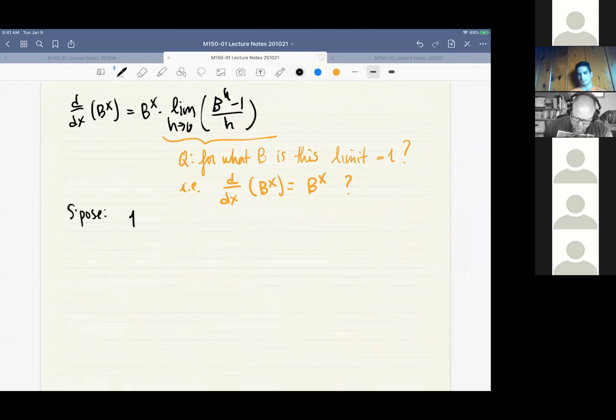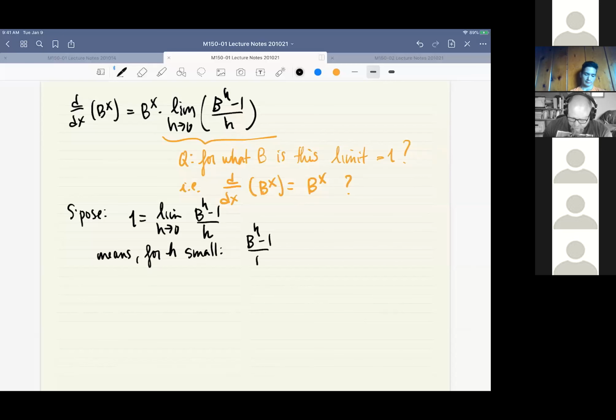So suppose 1 does equal the limit as h goes to 0 of b to the h minus 1 over h. So this means for h small, b to the h minus 1 over h is approximately equal to 1. So if we multiply both sides by h, and add 1 to both sides, I get that.